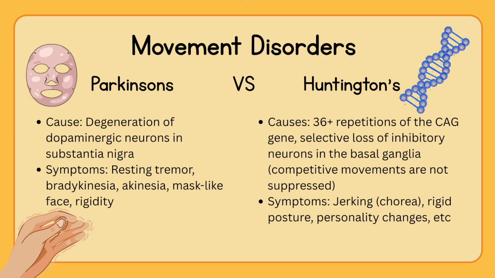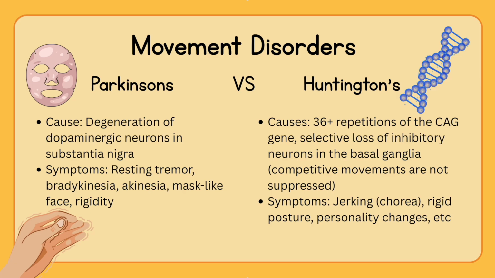And so in someone with Huntington's, there's that much repetition of a certain gene that leads to the selective loss of inhibitory neurons in the basal ganglia. So remember how the basal ganglia inhibits competing movements, which are movements that are undesired or unwanted. So they might be excessive, right? When you lose those neurons, you end up doing things that are unwanted.